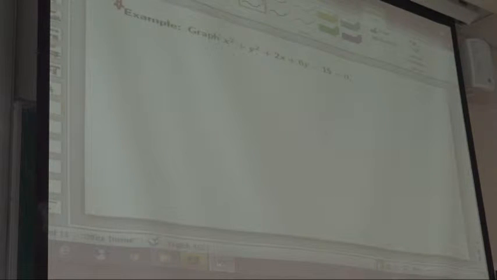The first thing is to look at the first two components, x squared plus y squared. Do not worry about the x component, the y component, or the constant component. Just look at x squared plus y squared, and you can tell from here that this is a circle.